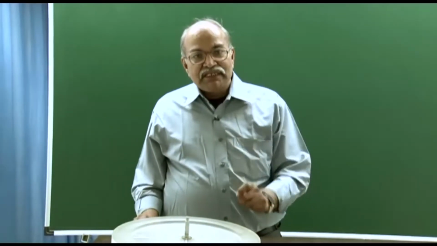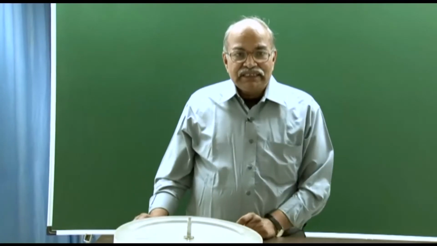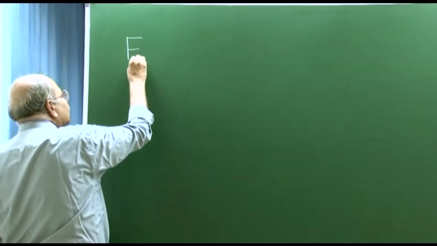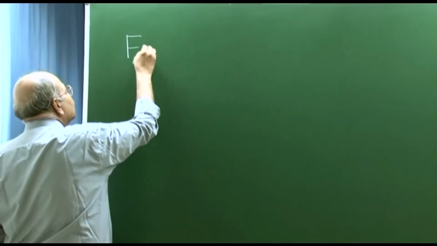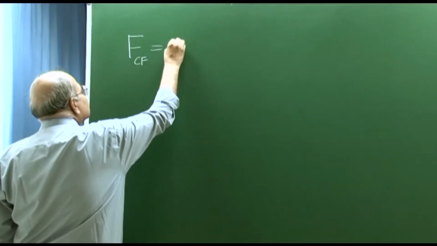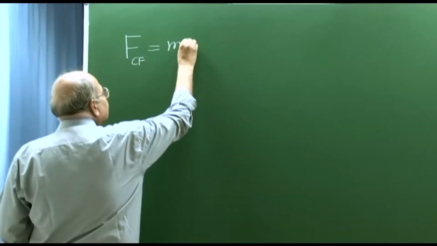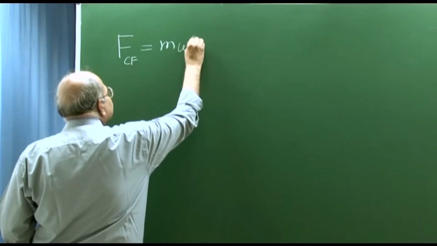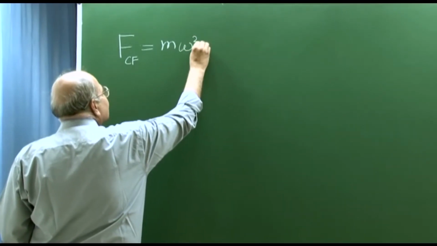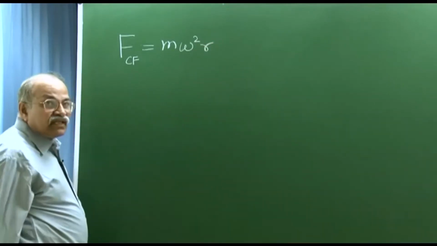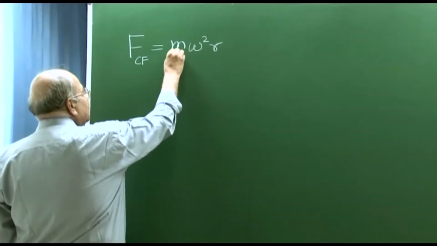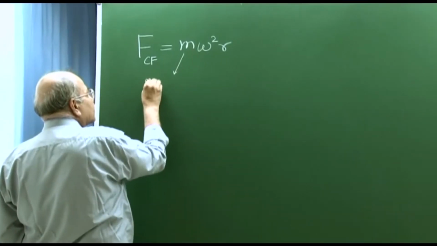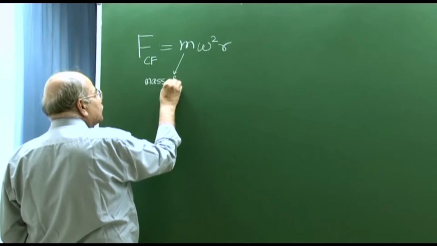The magnitude of the centrifugal force is given by this expression: F centrifugal equals m omega squared r, where m is the mass of the particle which you are discussing, omega is the angular velocity of the frame, and r is the distance from the axis.